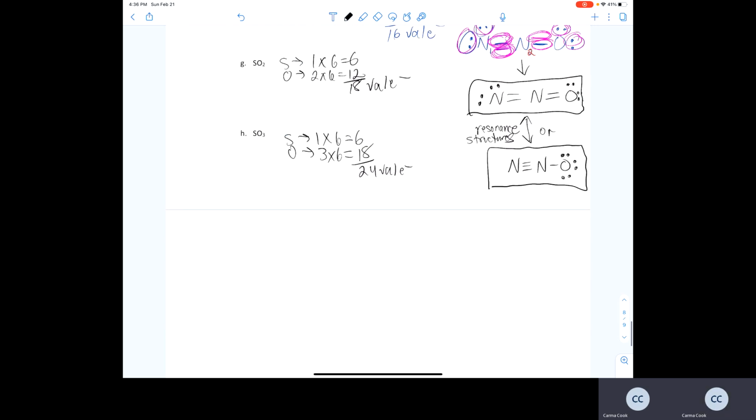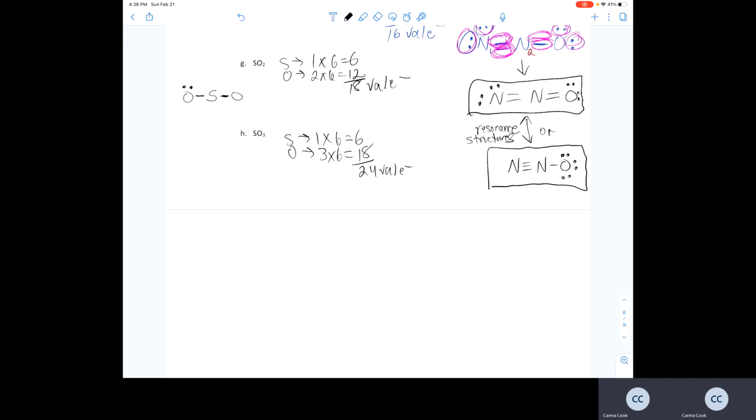So for SO2, we got sulfur connecting to 2 oxygens. And so we've put in 4 of the required 18 already. 2 and 4. And now we need an additional 18 minus 4, which is 14.